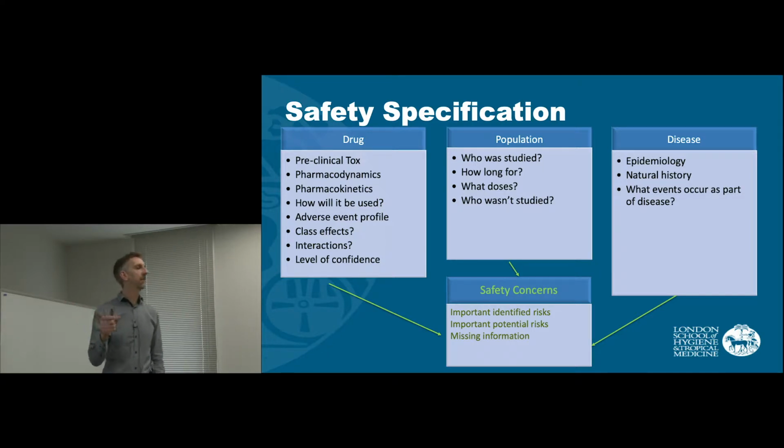So if this is the 2nd or the 3rd treatment within a class, and others have already been marketed, then you could also talk about what do we already know about this class of medications based on other drugs in the same class. It'll talk about either potential or known drug interactions, so interactions between treatments and problems that might have. But it'll also give us a level of confidence with which we should interpret this information.